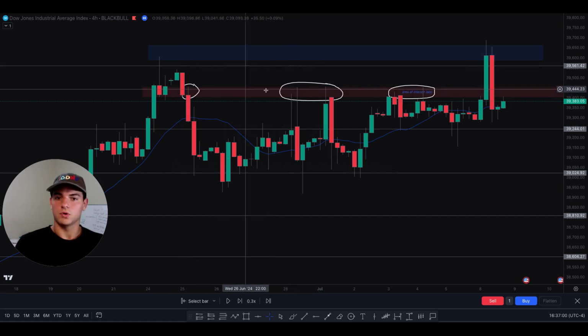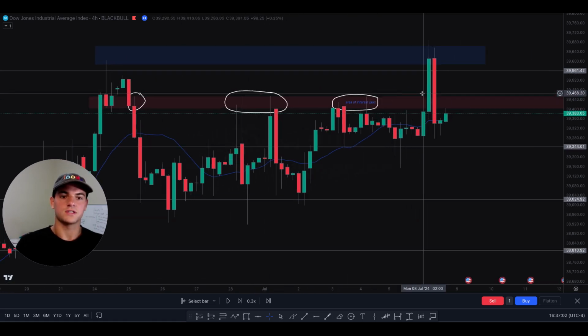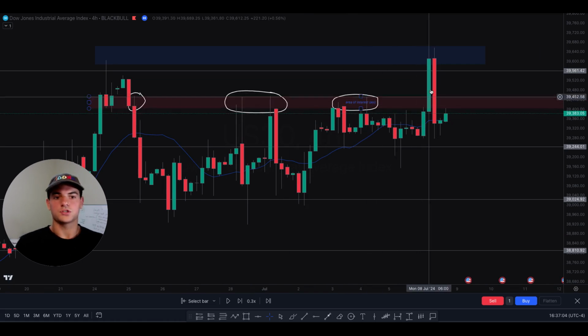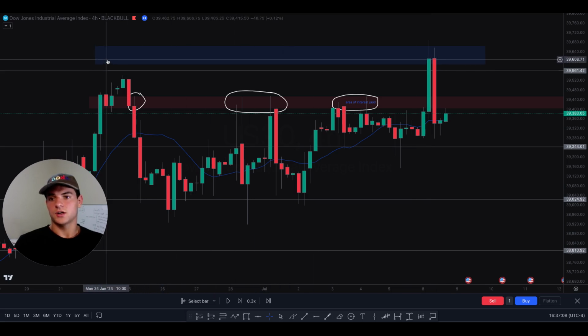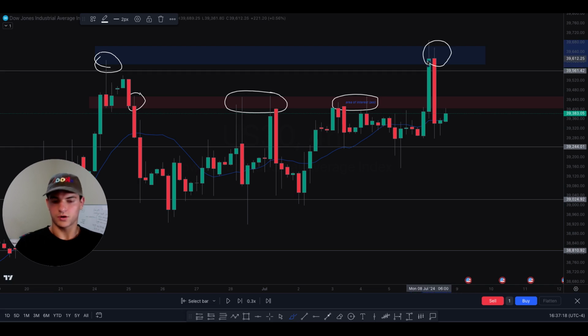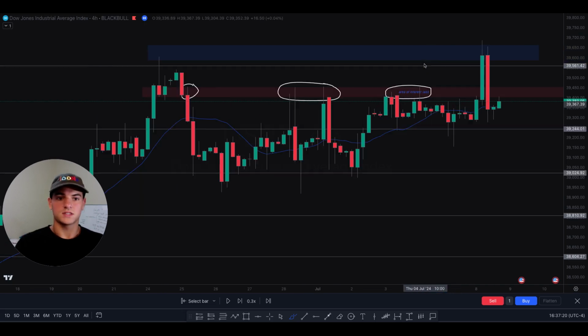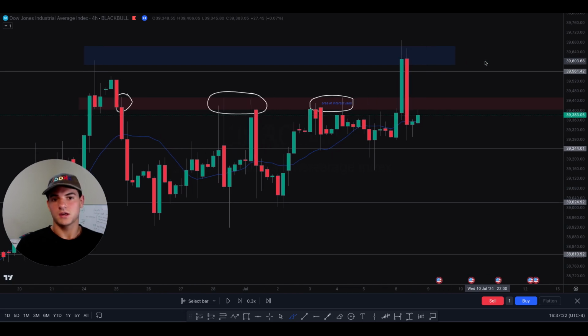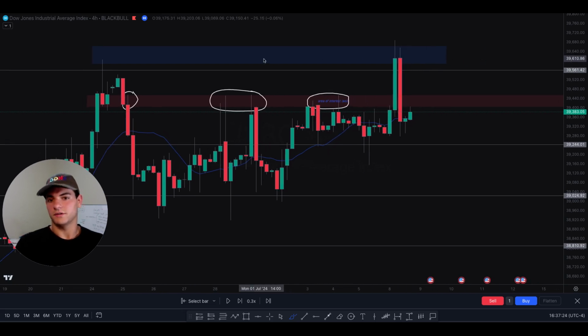There are multiple touches over here on the same area. Right now, we just broke above, basically created another area of interest because we have one rejection over here, one rejection over here, and another rejection happened over here. All right, so in the future, price can literally tap this area again, and I'll basically know looking left what to do, right?